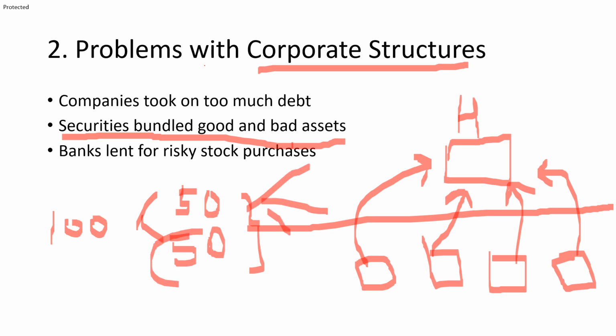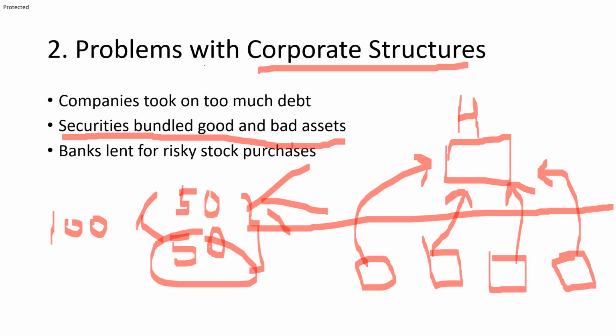However, when these 50 loans default, then the entire bundle will default. So this was one practice which happened in 2007, and it also happened in the 1920s. So we didn't learn anything from history. We're still bundling good and bad assets together, and this was also a reason for the failure of banks and huge and hefty losses to the investors.